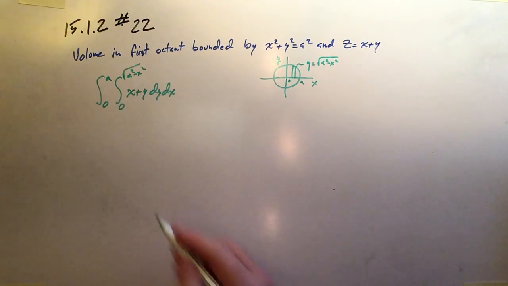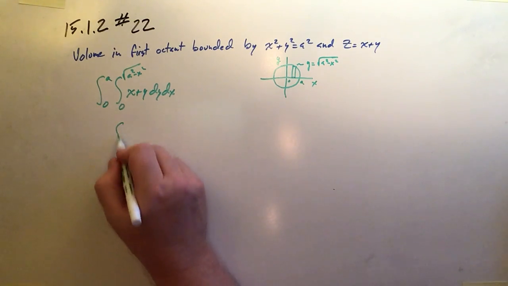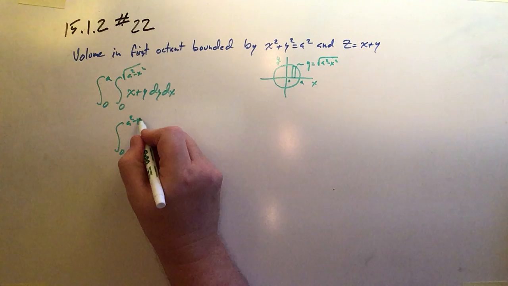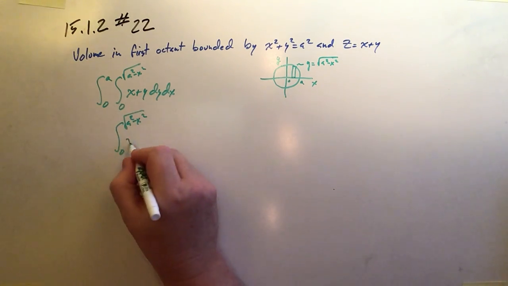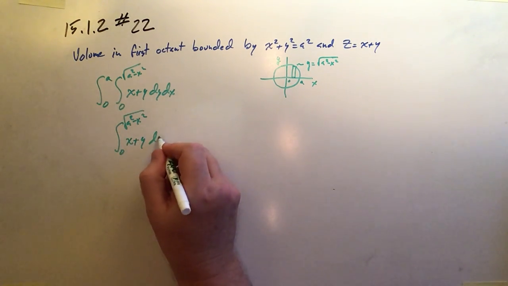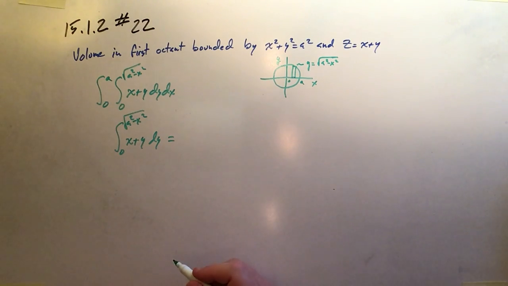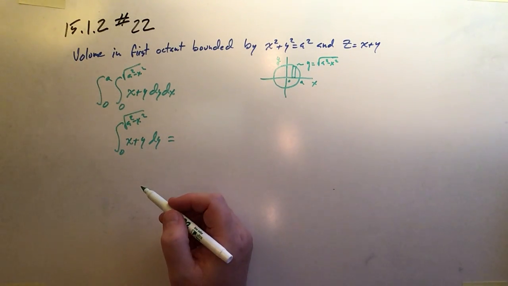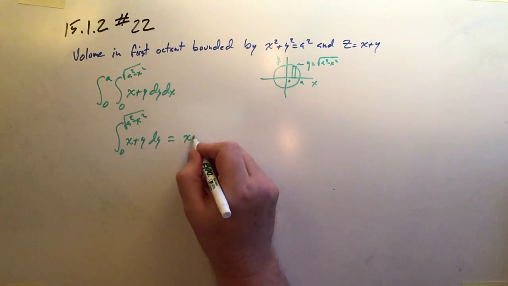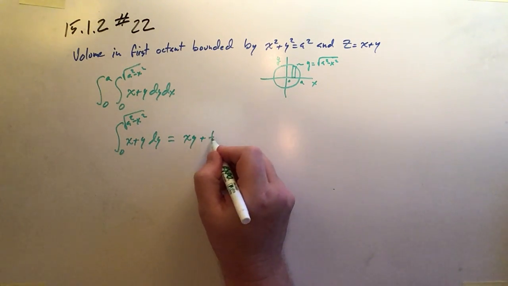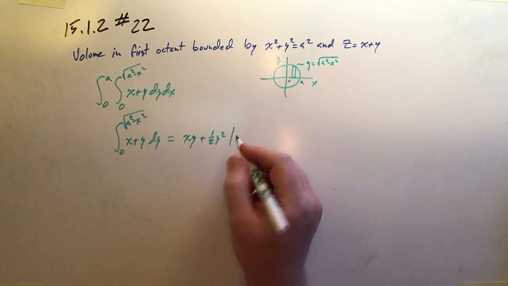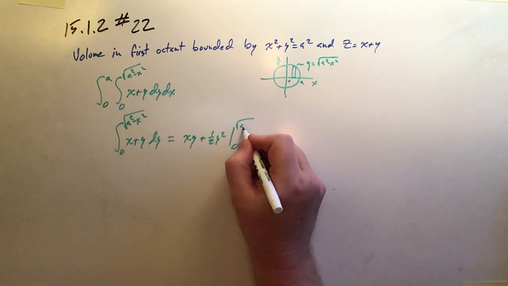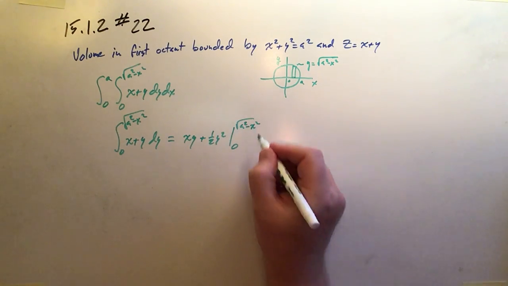So first the inner integral, that's going to be the integral from 0 to the square root of a squared minus x squared of x plus y dy. And this one gets a little messy, like once we find the integral, which isn't too bad. The integral is just xy plus 1/2 y squared, evaluated between 0 and the upper limit, which is the square root of a squared minus x squared.